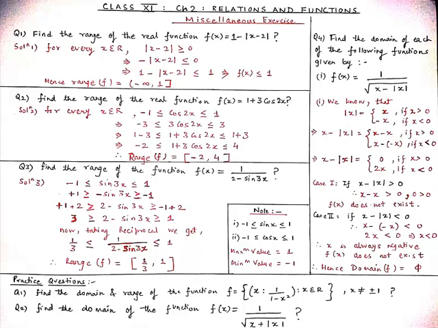Now case 2, when the value of x is less than 0. The denominator x - |x| is greater than 0 required, and we know that when x is less than 0, the modulus function |x| gives us -x. Therefore we get x - (-x), which is x + x, which is 2x, and this is less than 0.